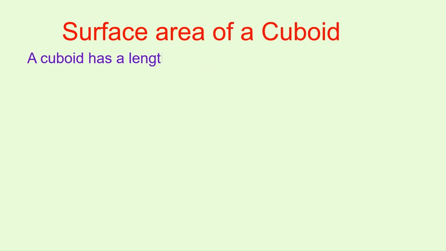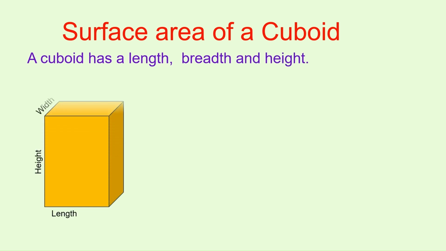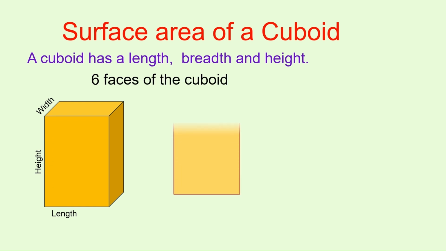Surface area of a cuboid. A cuboid has a length, breadth, and height. Like a cube, it also has 6 faces.